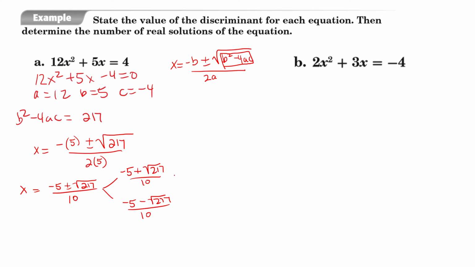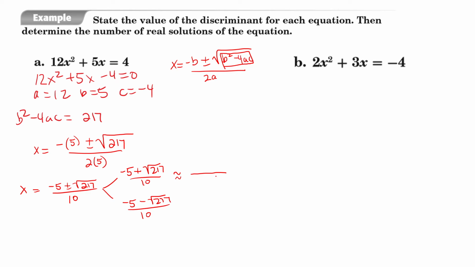All right, and if it's a word problem or they're asking for a decimal approximation, then you're going to need a calculator. So you're going to do 217, take the square root, add a negative 5, and then divide that whole thing by 10. And I don't know why I put a fraction bar there, but hold on 1 second, and let me get my calculator out.